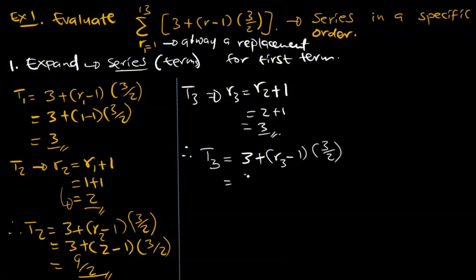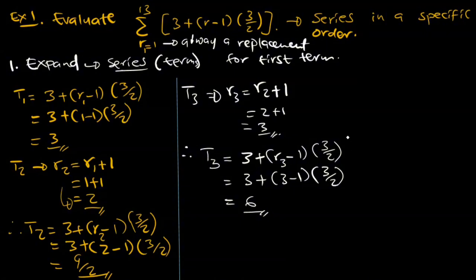The 2 will cancel that 2, therefore I'll have 3 plus 3, which is 6. Don't worry, you can punch this into your calculator; there's no need to do it from the top of your head. So I have T3.